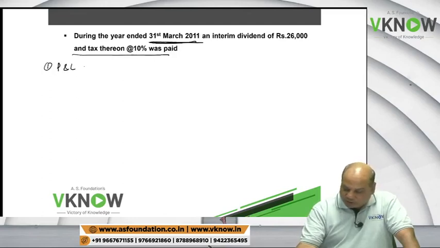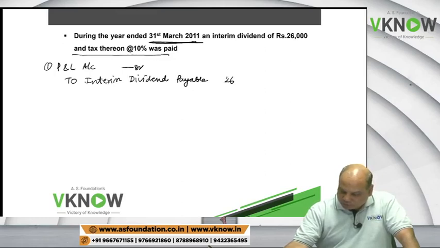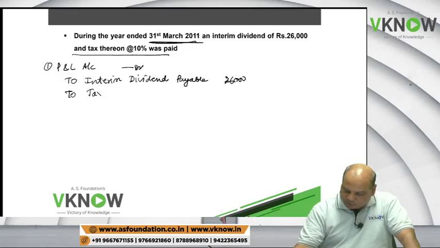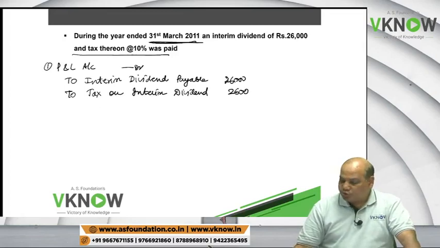And the entries are P&L account debit. Those who are interested students will write down, later on you will not have confusion. To interim dividend payable account 26,000, to tax on interim dividend, 10% of 26,000, 2,600.